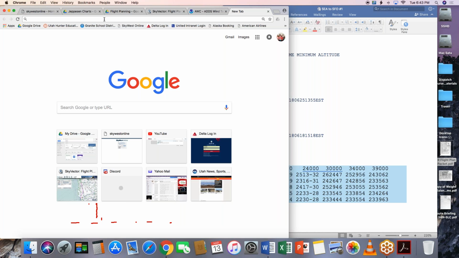Now do your wind direction, 240. You might slide it on the bottom there. Okay, go to 240. And runway number 16.